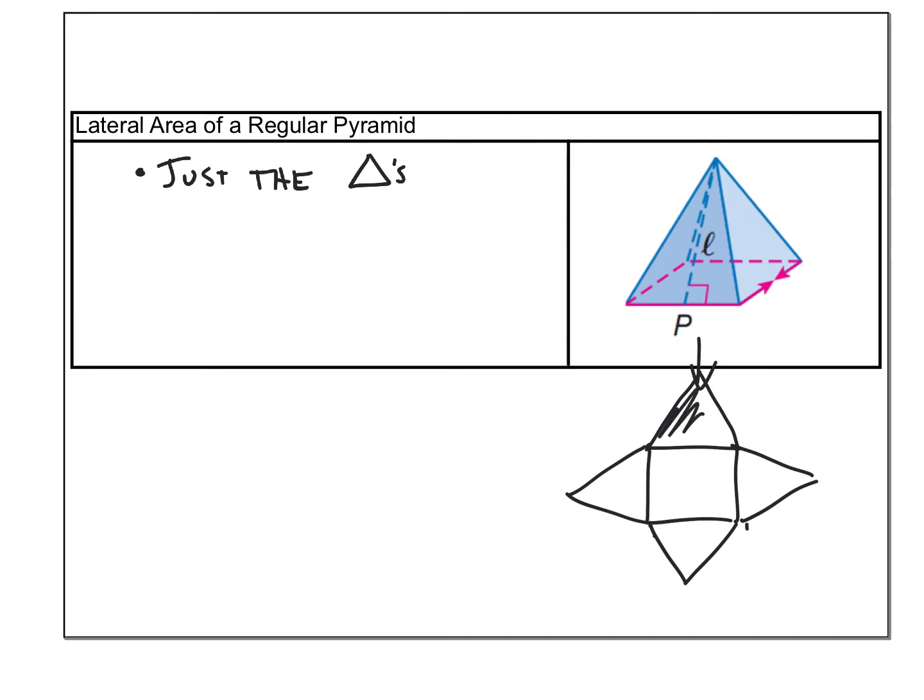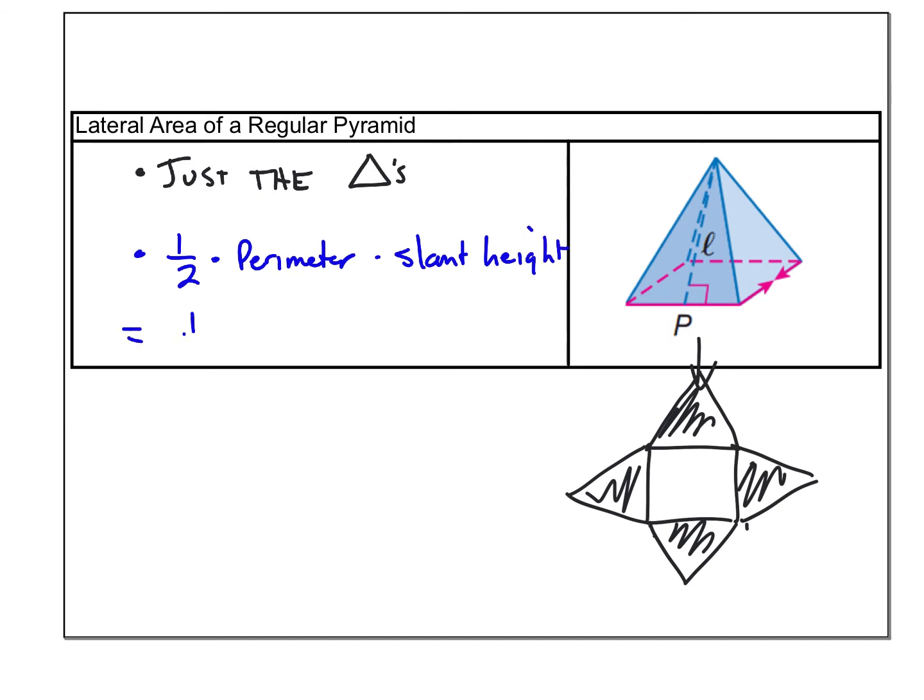My lateral area is just the triangles. So how do I do this? The short answer is 1/2 times the perimeter times my slant height. So 1/2 big P times L.